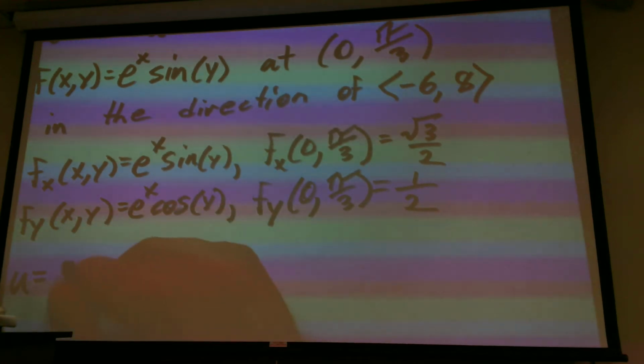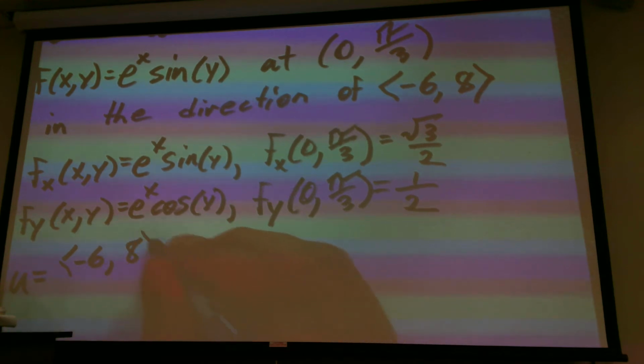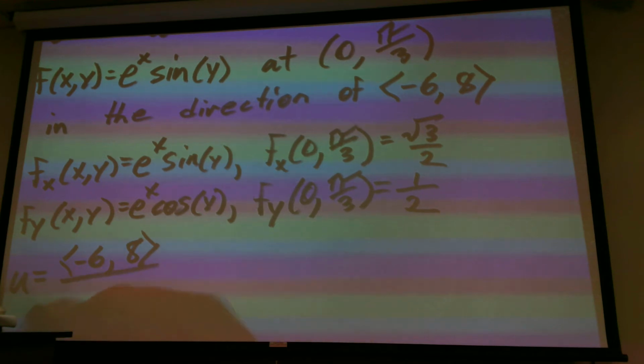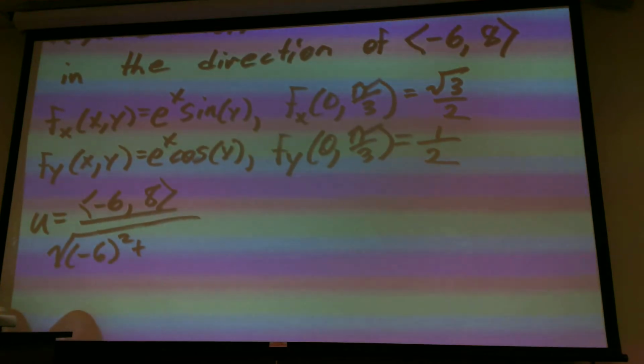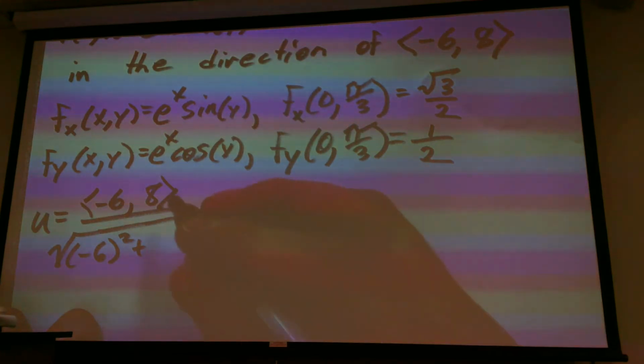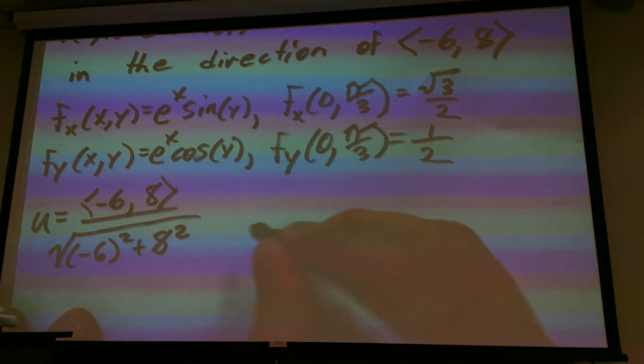Well, u is going to equal ⟨-6, 8⟩ divided by its magnitude, which would be the square root of (-6) squared plus 8 squared.